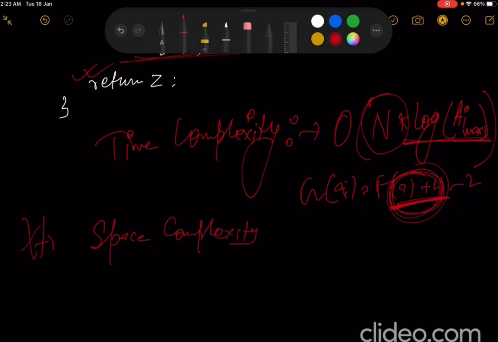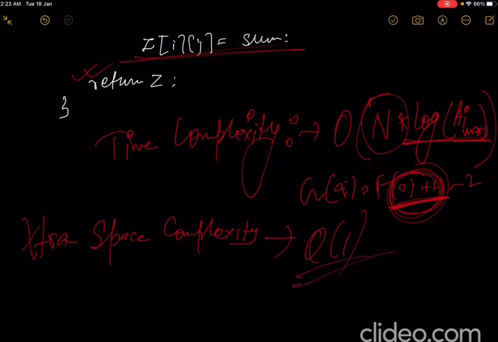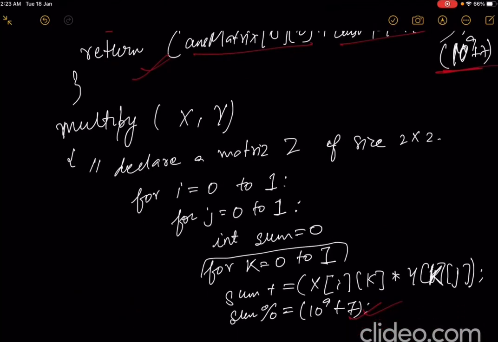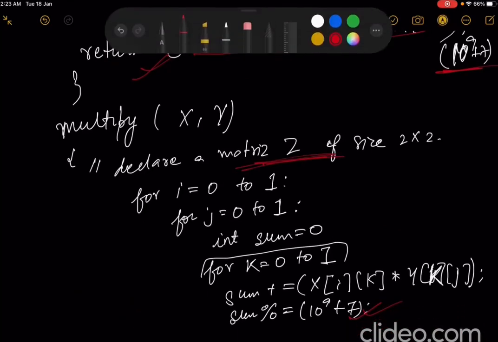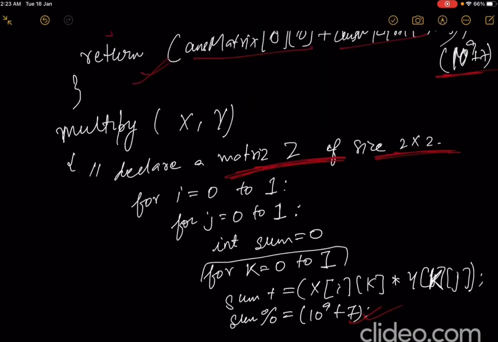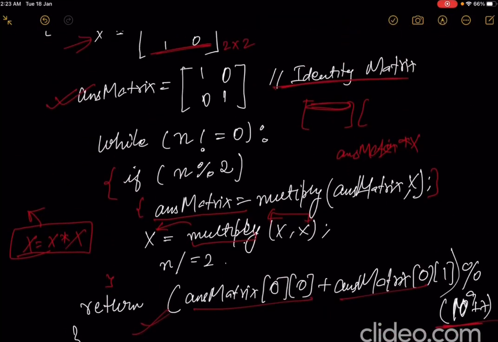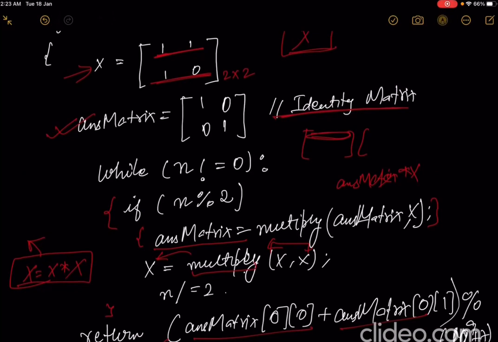Now the extra space complexity will be order of 1, because we are not using any extra space other than for storing the result of multiplying two matrices. We declare a matrix z of size 2 cross 2, and we also use an answer matrix of size 2 cross 2.